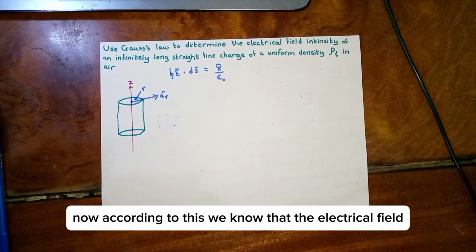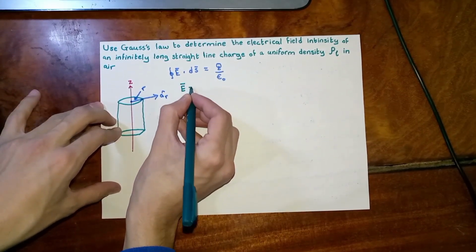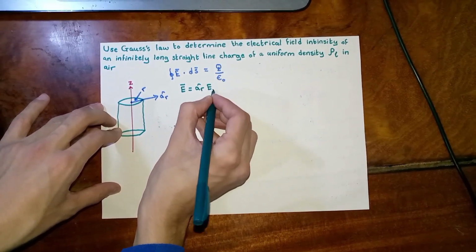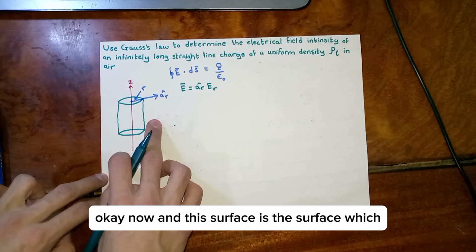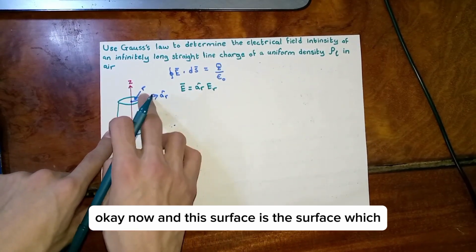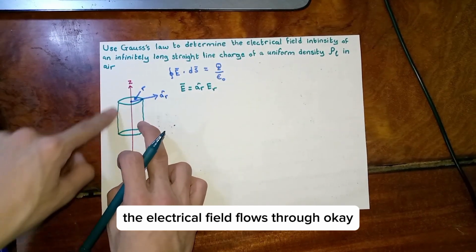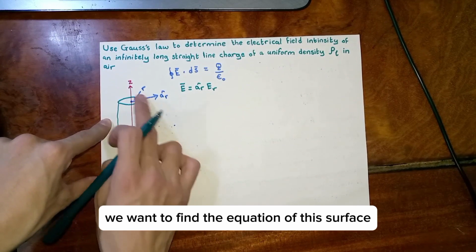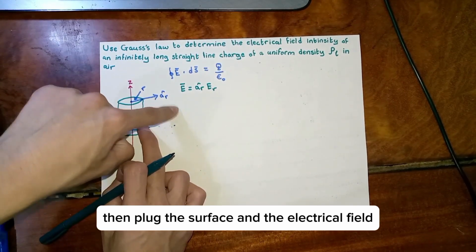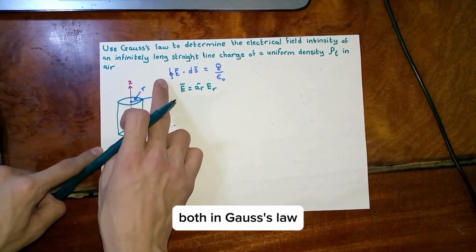Now, according to this, we know that the electrical field is radial. And this surface is the surface which the electrical field flows through. We want to find the equation of this surface, then plug the surface and the electrical field both into Gauss's law.